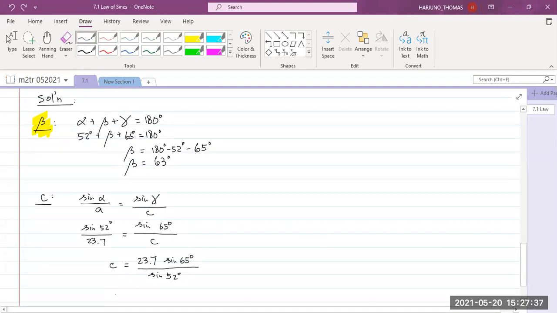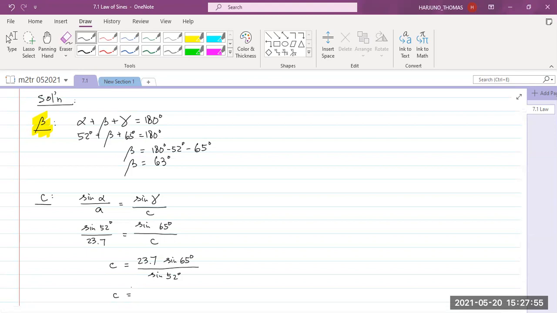So I continue with my computation, but make sure you check that the mode of your calculator is in degrees, okay? 23.7 sine 65 divided by sine 52.